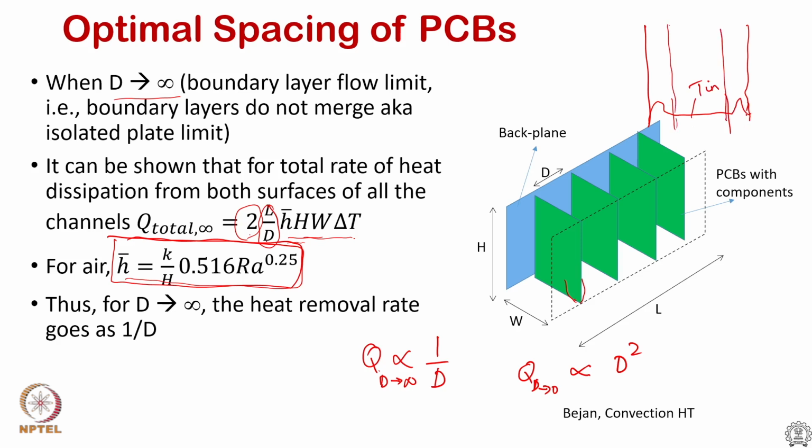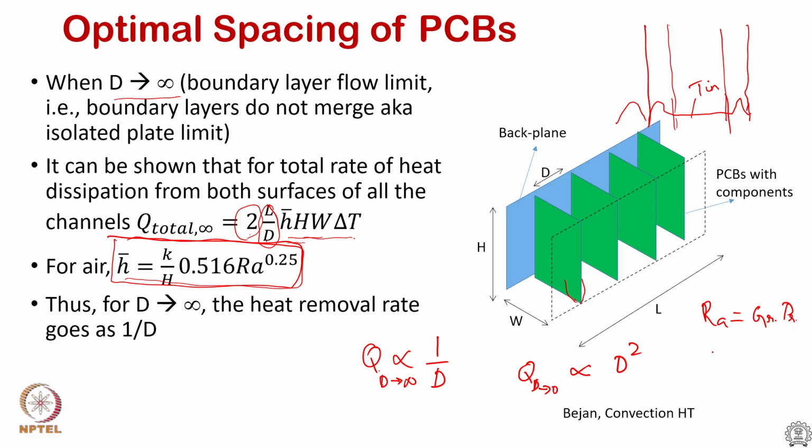So, the assumption is that we will treat it as if the boundary layer grows on both sides, as if it is a flat plate thermal boundary layer or a vertical plate boundary layer. So, we use the correlation in terms of Rayleigh number. Rayleigh number is nothing but Grashof times Prandtl number, and you find the expressions for these in the textbook as it is a standard definition of Rayleigh number.